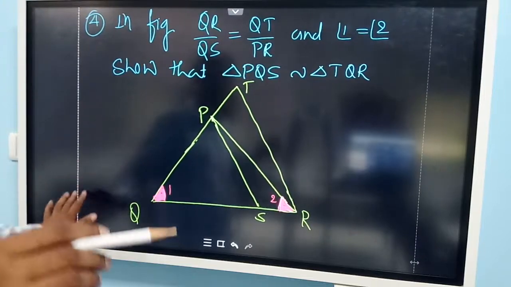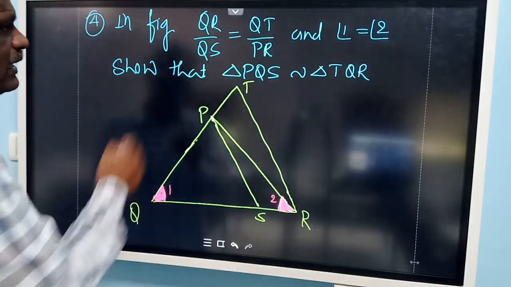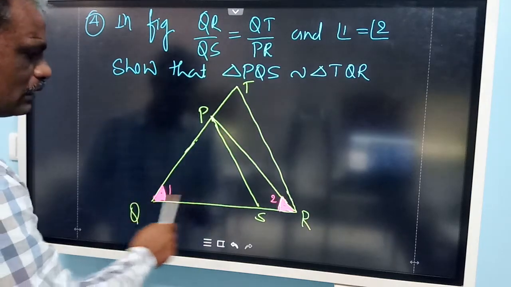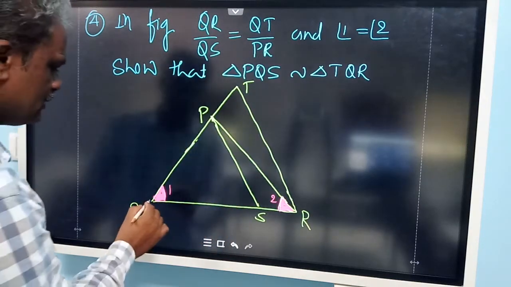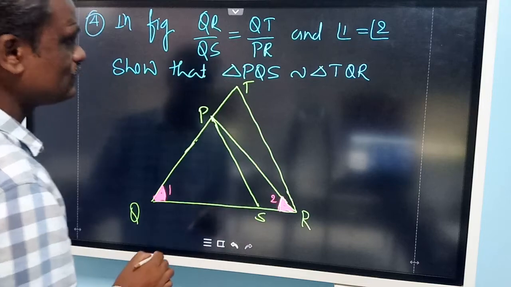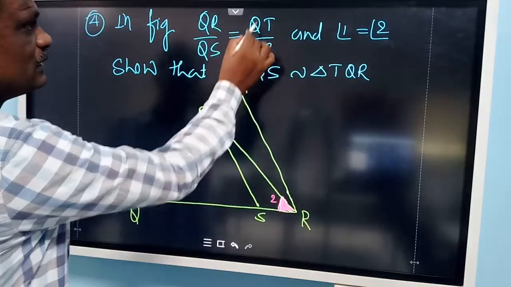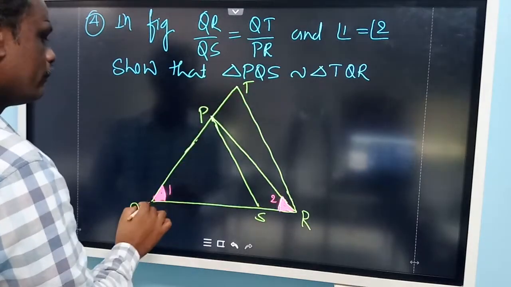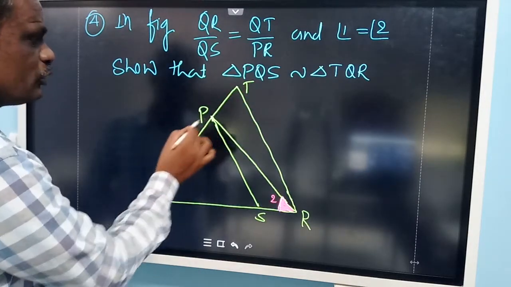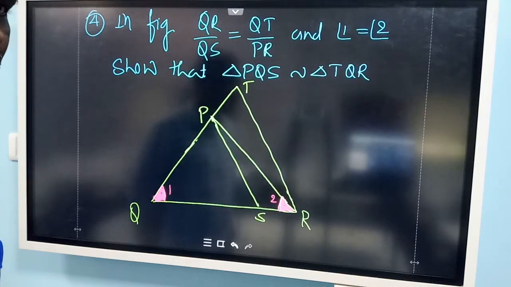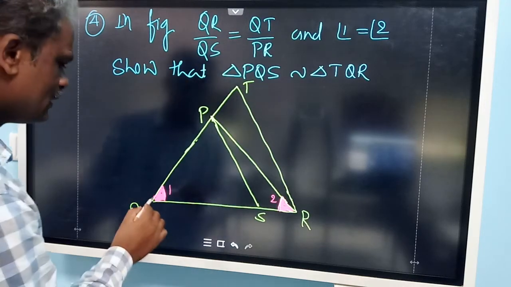Look at this fourth question now. In this given figure, observe the diagram carefully. QR by QS is equal to QT by, instead of QP, you are having PR. Recall that Thales theorem.